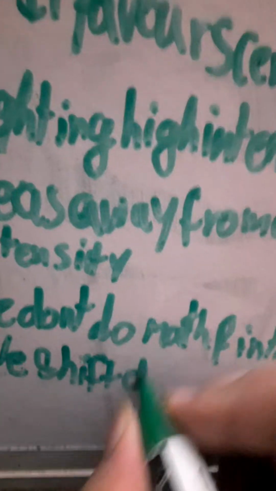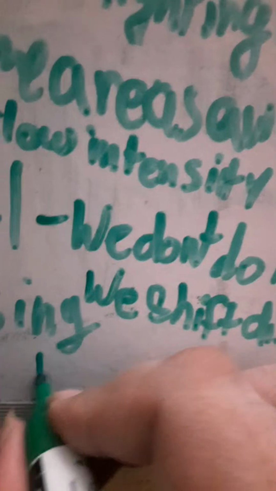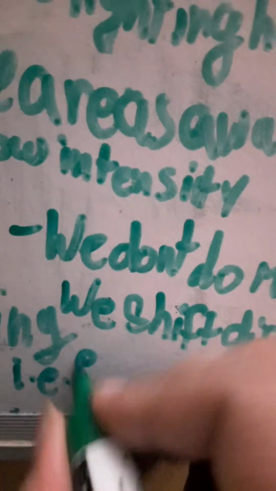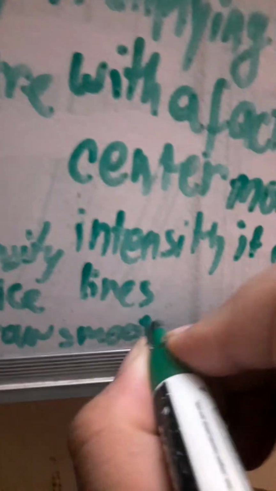We shift the display device, like the electron gun, to draw smoother lines.